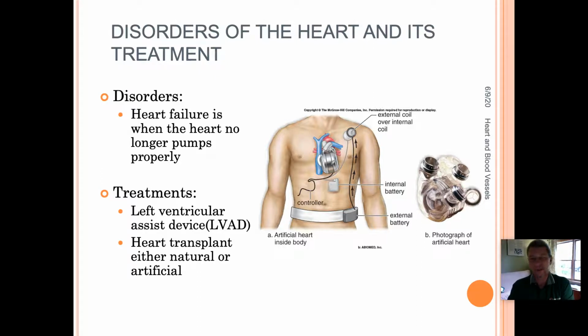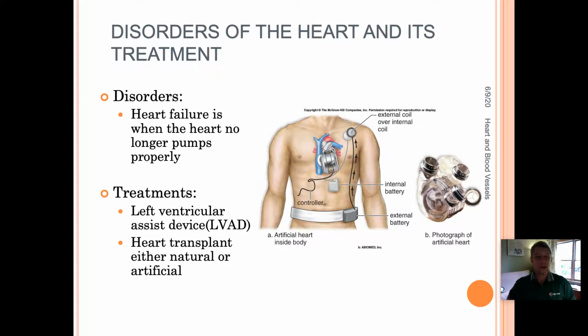If the heart itself is too damaged to work on its own, it can be replaced either with a natural heart from a donor. Obviously, the donor has already been deceased, or possibly from an animal. Oftentimes, they'll use pig hearts. All right. And sometimes there are mechanical hearts that can be plugged into the chest. And there's a picture of an artificial heart on the right side of the screen.